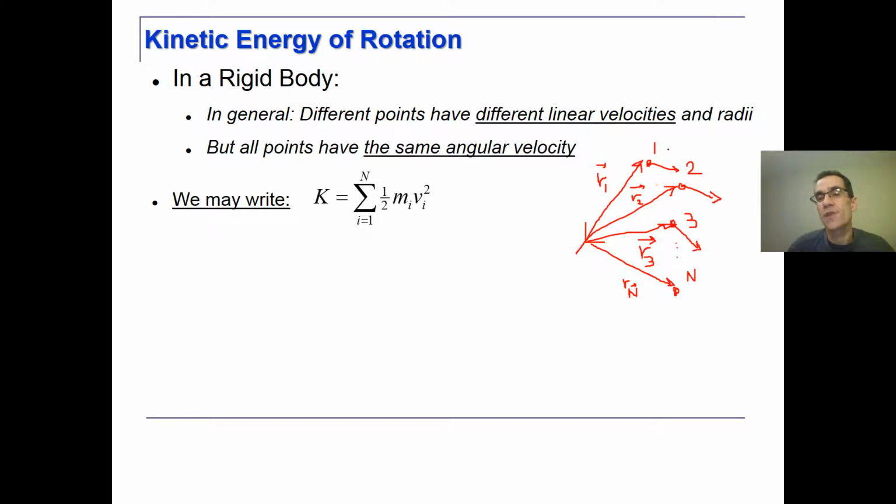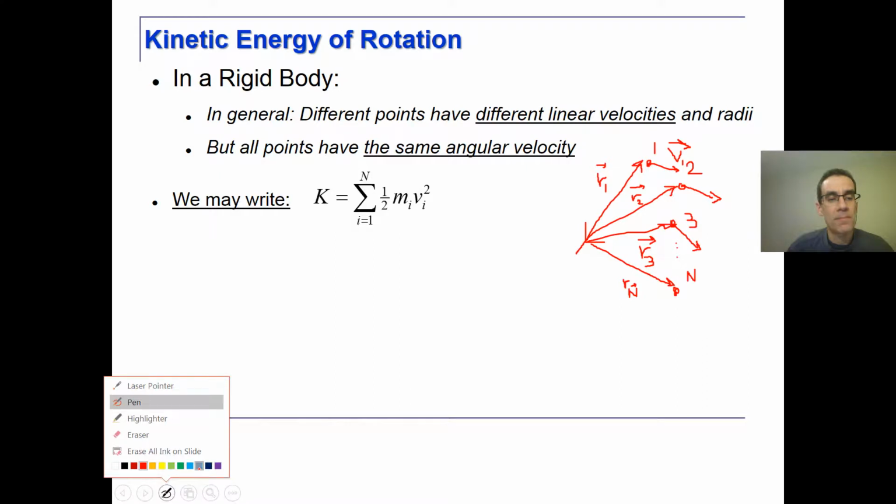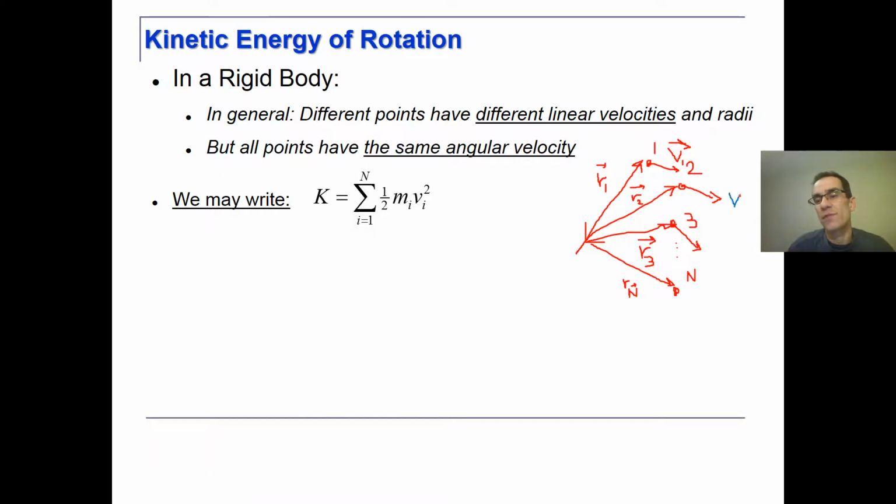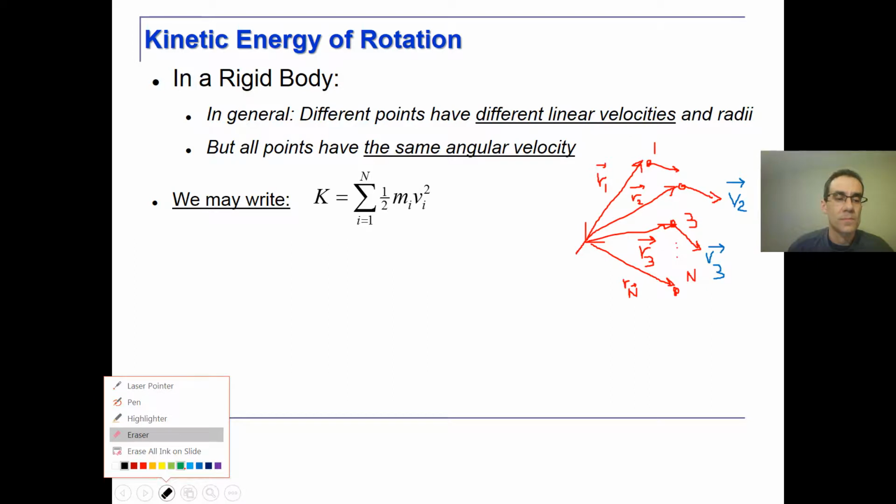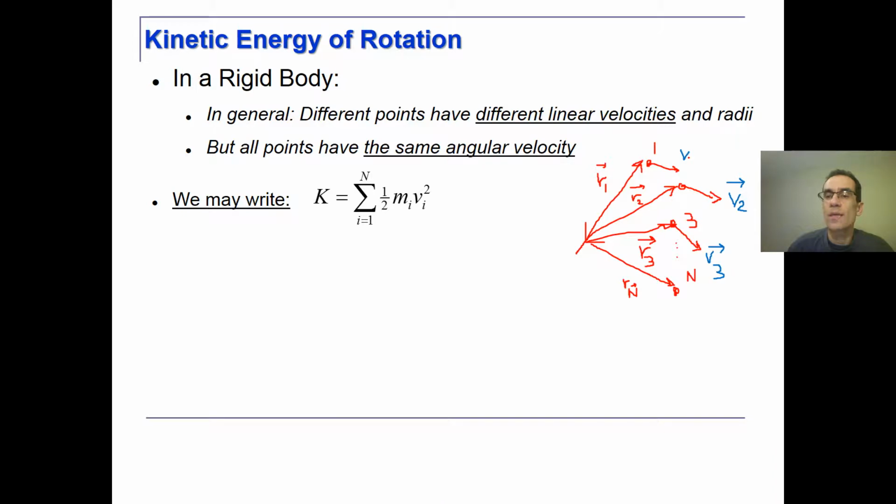This velocity vector would be v1. Let's have this other velocity vector here to be v2, and this velocity vector to be v3, and so on and so forth, right? Let's go over there. This is v1, sorry.